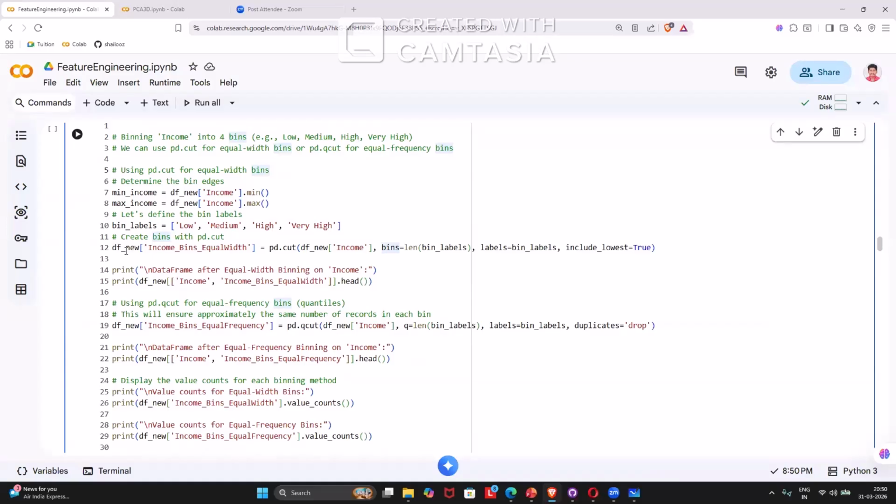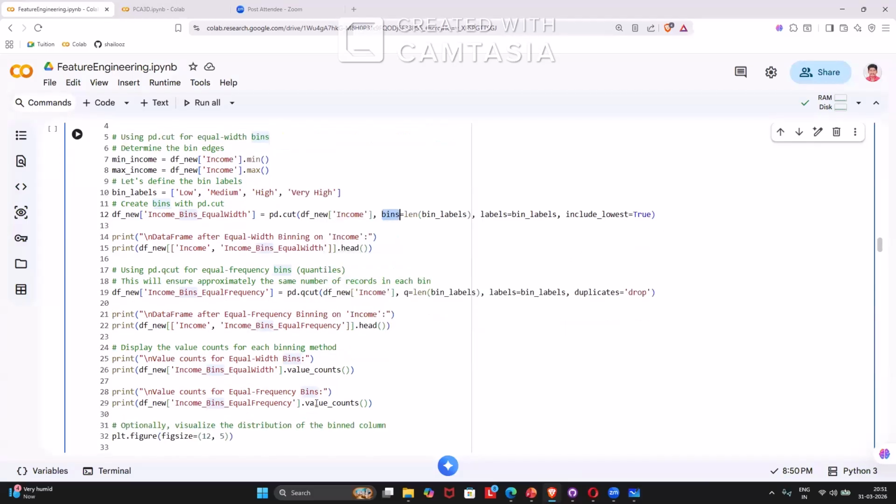So I create df['income_bin'] equal to the function cut on the income column, cutting the entire data equally, with bins equal to the number of bins. 1, 2, 3, 4, so 4 bins. The entire range will be equally divided into 4 bins, with bin labels, and include_lowest set to True.